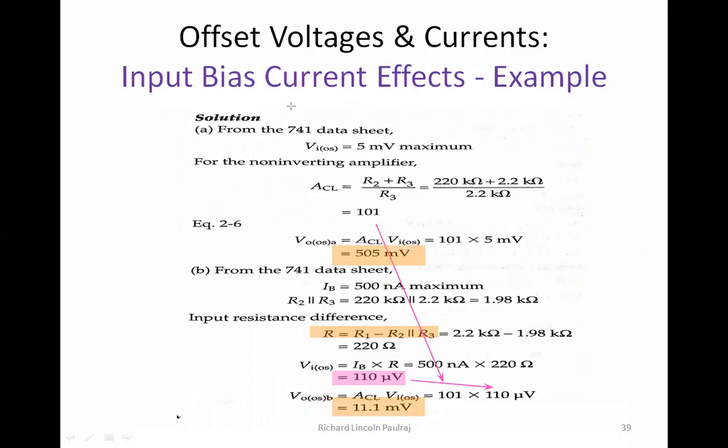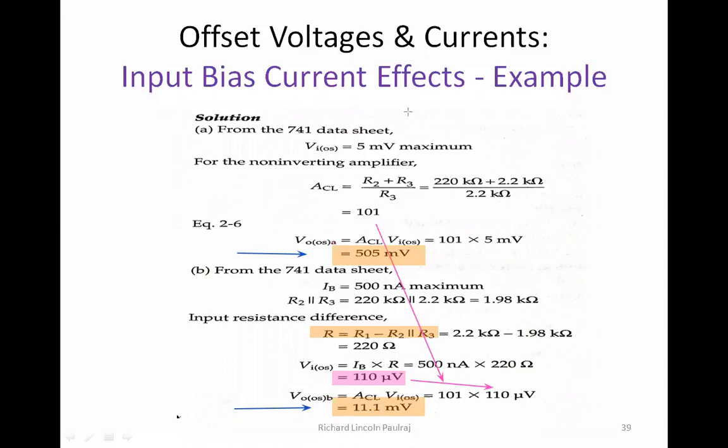So just compare this value and this value. That's why it says V naught OS, which means offset voltage for output. This is the first case, and B is talking about the other case where we found the updated values.